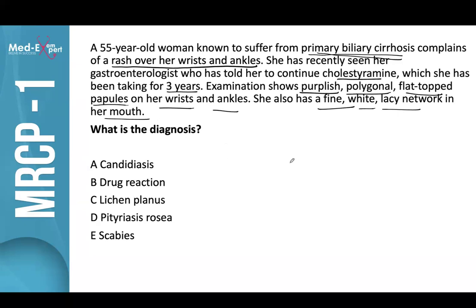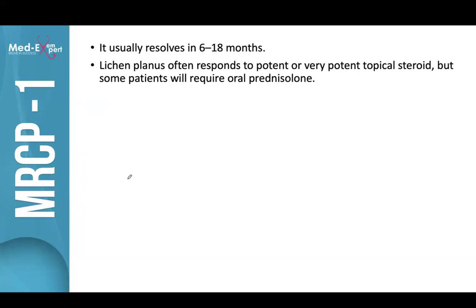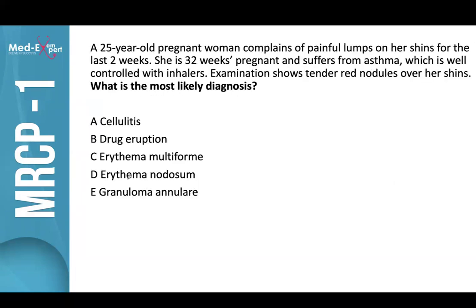Straightforward question. The fine white lacy network in the mouth is called Wickham's striae. This is lichen planus. All features of lichen planus are told here. All of you will know this is a case of lichen planus. Straightforward. All right, the next question.